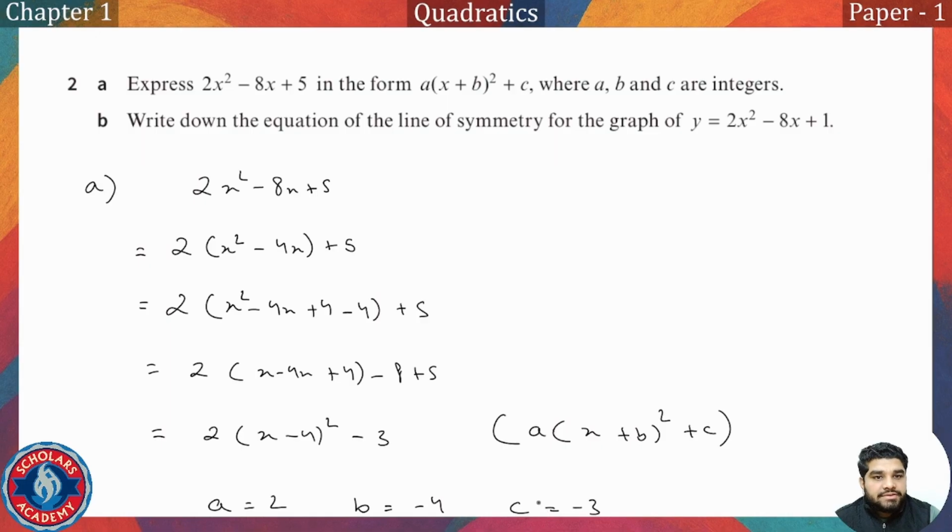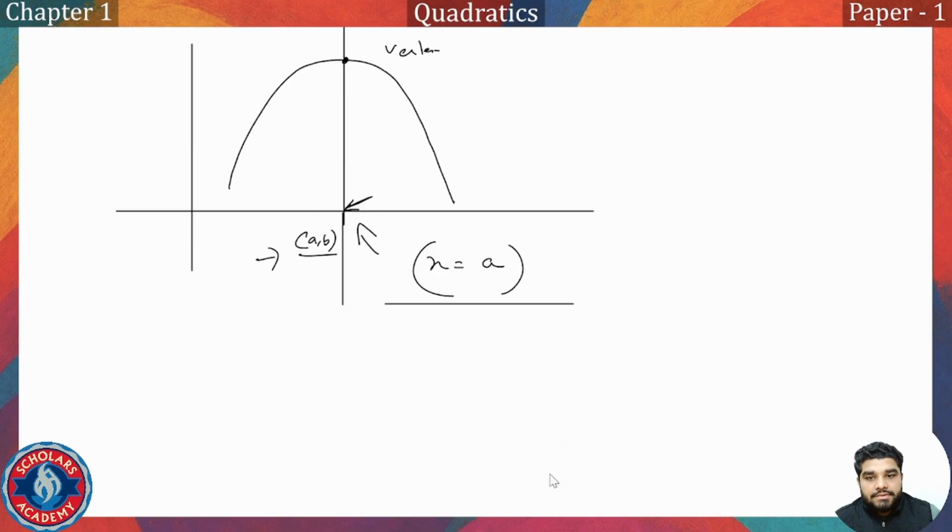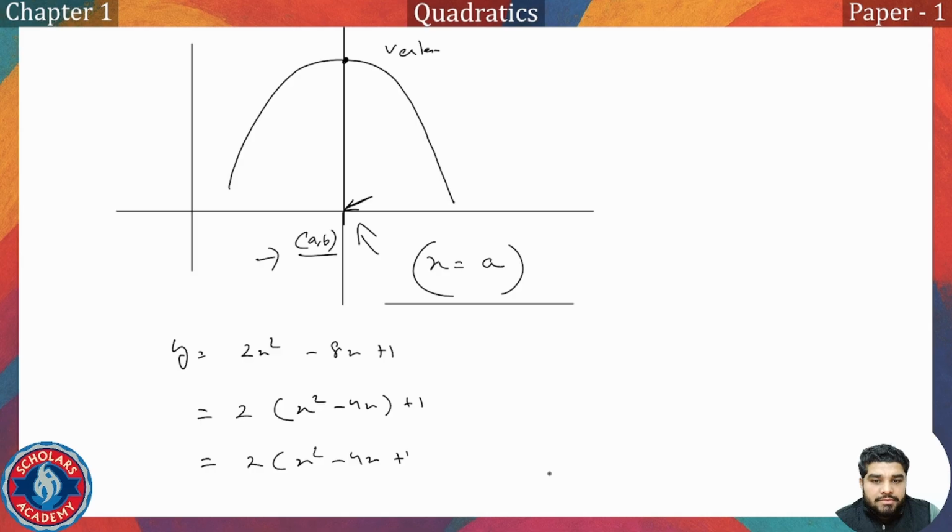So we need to find the line of symmetry for y is equal to 2x square minus 8x plus 1. So let's find the vertex point for this curve. We'll take 2 common. We get x square minus 4x plus 1. 2x square minus 4x plus 4 minus 4 plus 1.